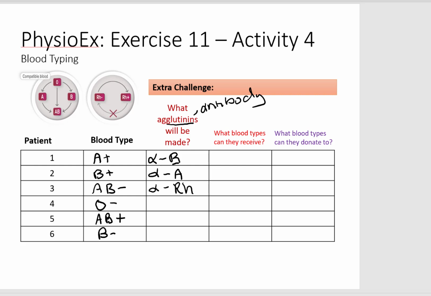But a negative person, you always assume they are sensitized. You assume they have been exposed, and you assume the worst. You assume they have that anti-RH antibody ready to go.